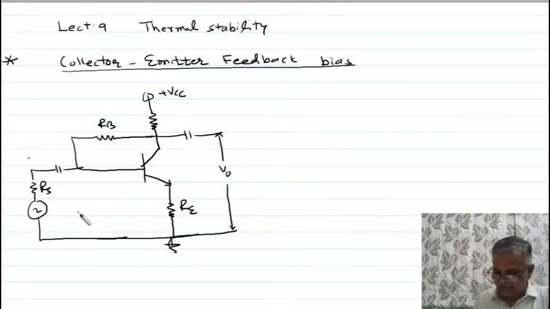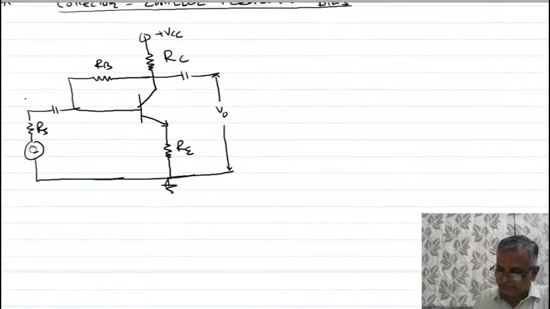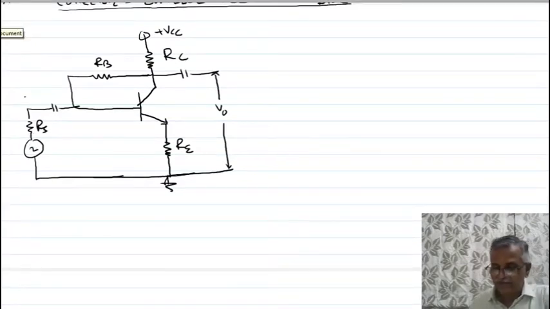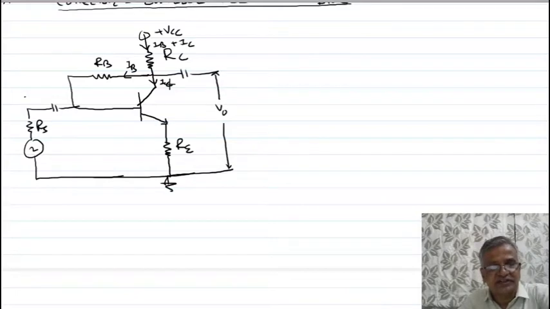This circuit provides good stability. Let us see how the collector current is stabilized against the variation of temperature. Let us suppose the collector current IC increases due to increasing temperature, or by changing the transistor.